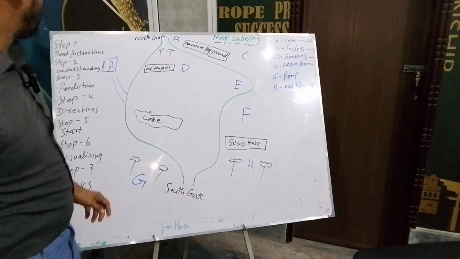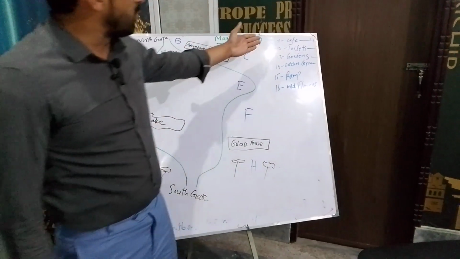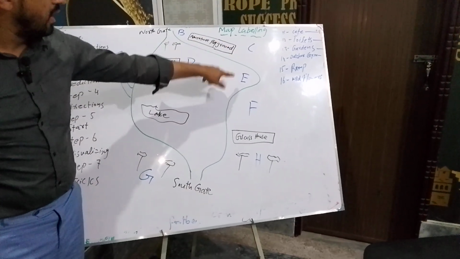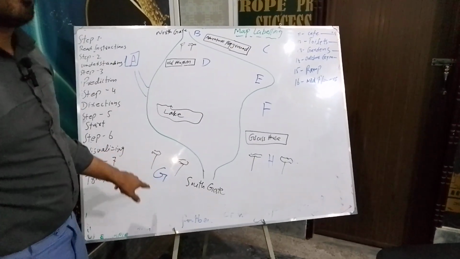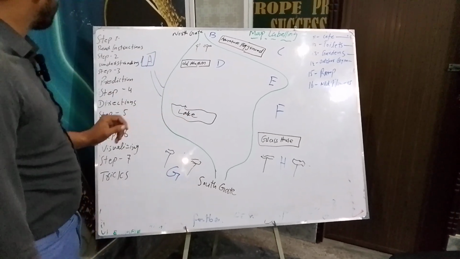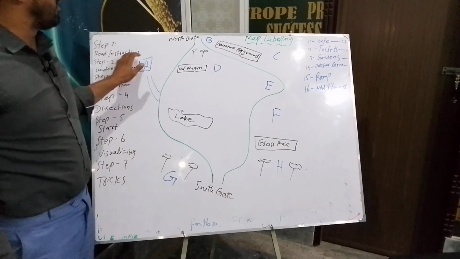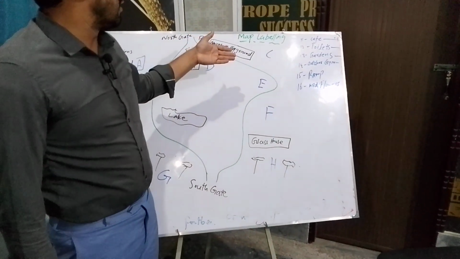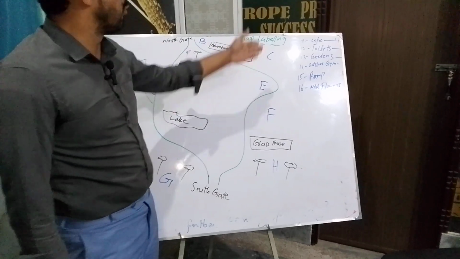If for example question number one is cafe, you have to tell where, from these letters, the cafe is located, after listening to the audio. So the first step is always to read the instructions. The instructions are often like that: write the letters A to H before these questions.